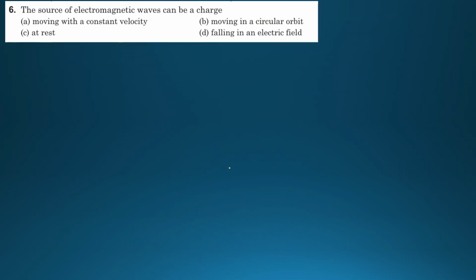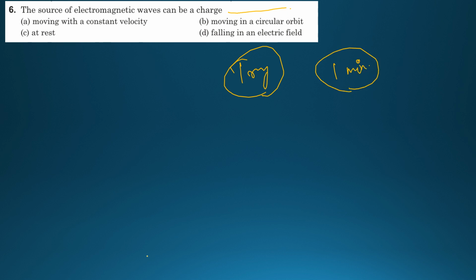Next question. The source of electromagnetic waves can be a charge dash. Yeah, one minute. Think a bit about it. Don't rush. See the options.